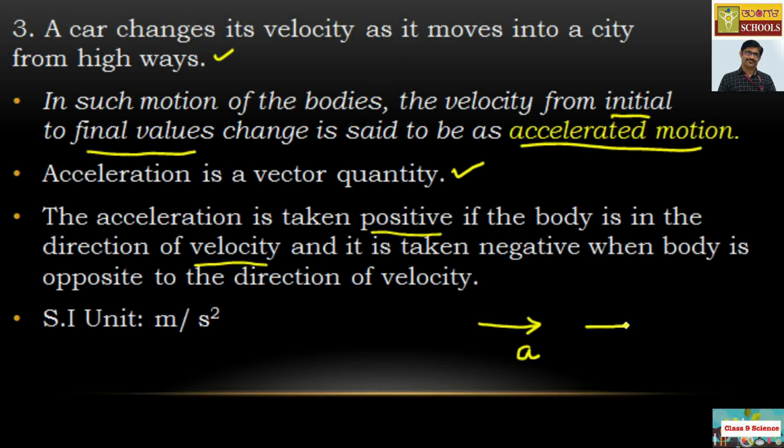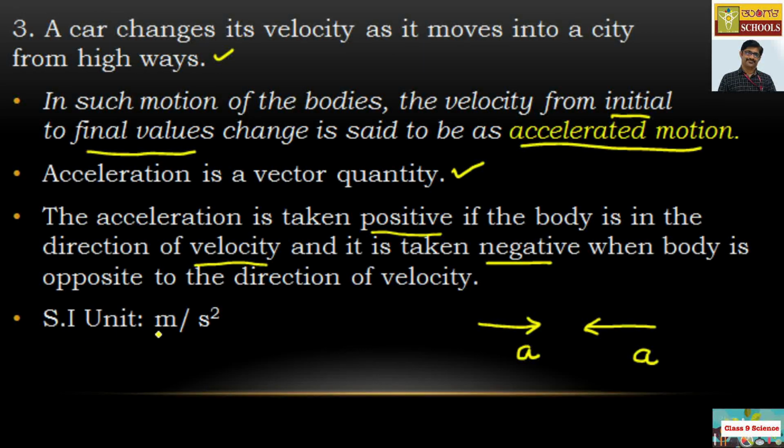If the direction of velocity is like this but acceleration is like this, in that situation acceleration of the body is taken negative. So it is taken negative when it is opposite to the direction of velocity. If the direction of velocity and acceleration are in opposite mode, then we say the acceleration of the body is negative. The SI unit is meter per second square.